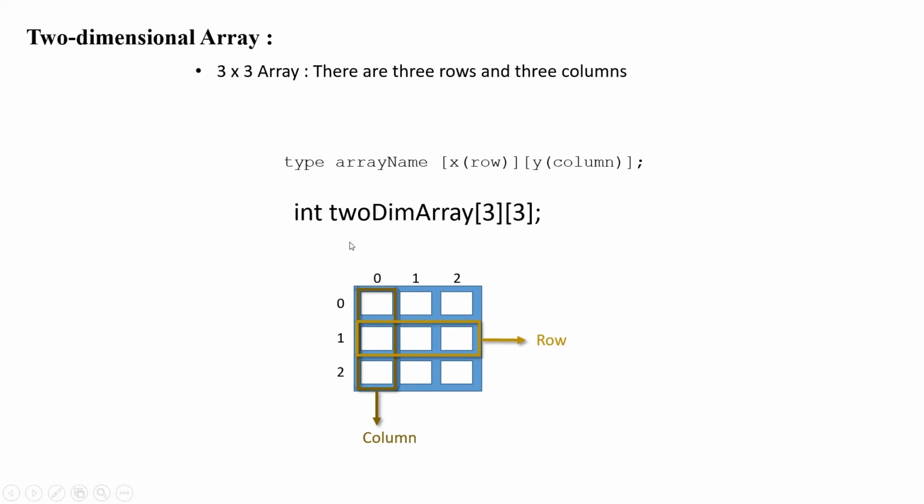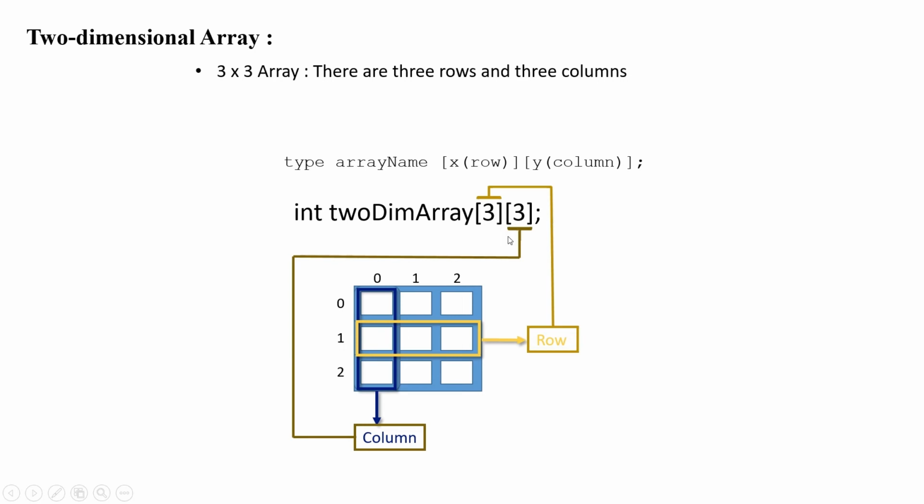So here we have declared a two-dim array, and it will look like this. These are called the rows, and these are called the columns of the array. As I said, the first square bracket tells you the number of rows in an array, and the second square bracket tells you the number of columns.